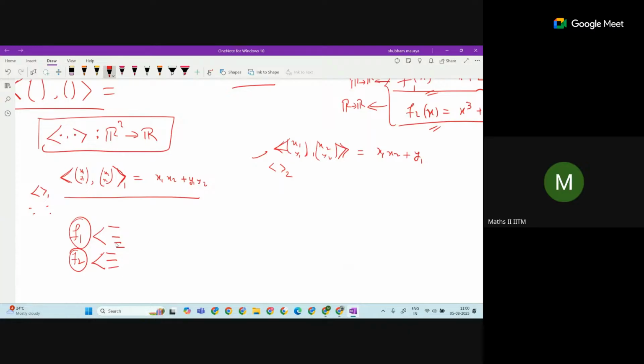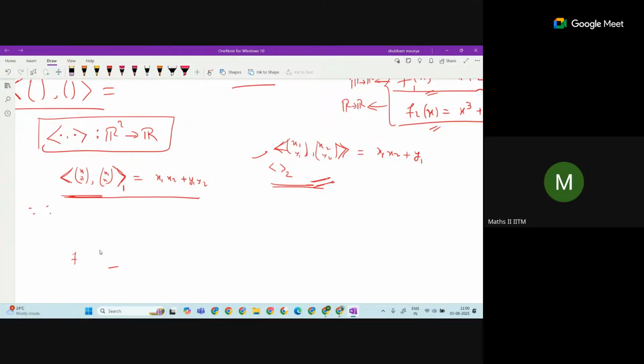So an inner product is a function that satisfies some set of rules. If this function does not satisfy the rules, it is not an inner product. This is just a function, but not an inner product. That is what I started telling you.